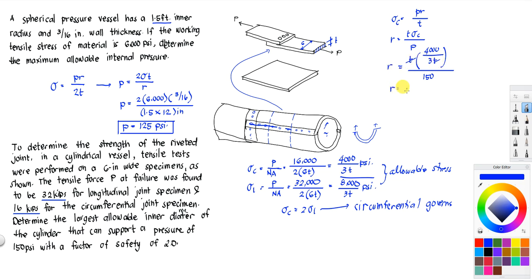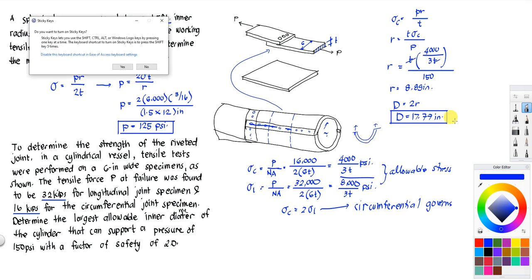T cancels. So our R becomes 4,000 divided by 3 times 150, which is 8.89 inches. The question is the allowable inner diameter. The diameter is of course 2R, so we multiply by 2. We have 17.77 inches. So this is now the required inner diameter for the working tensile stresses.